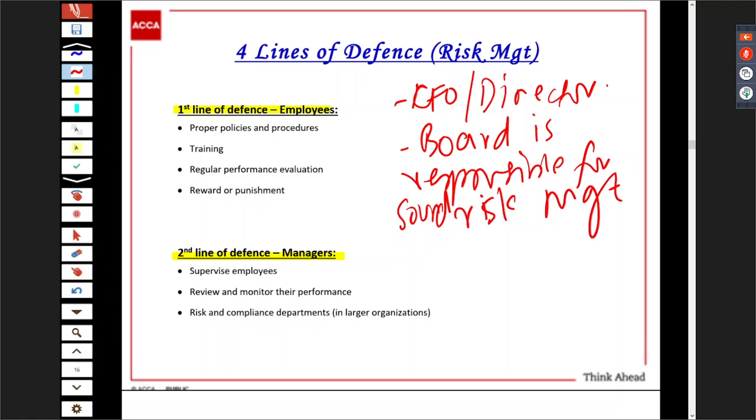We all know risk, right? Risk is something futuristic which can cause severe damage to the company if it is not properly controlled, correct? And as a board, it is our fiduciary duty to make sure that proper risk management is happening, correct? I am responsible.